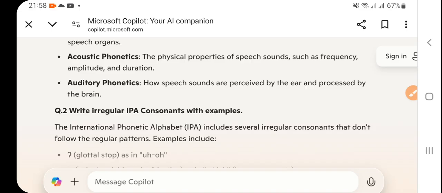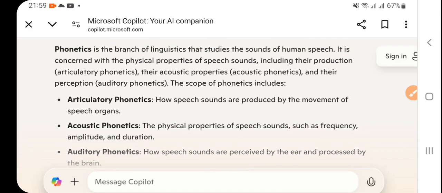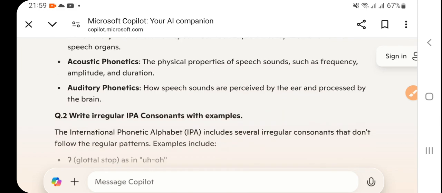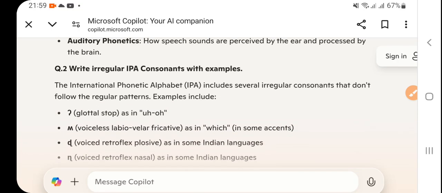Then auditory phonetics is how speech sounds are perceived by the ear and processed by the brain. So what I receive and what my brain understands comes under auditory phonetics. These are the three branches, we can say the scope of phonetics: articulatory, acoustic, and auditory.